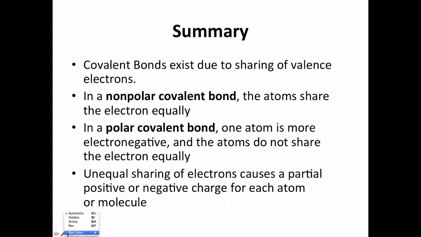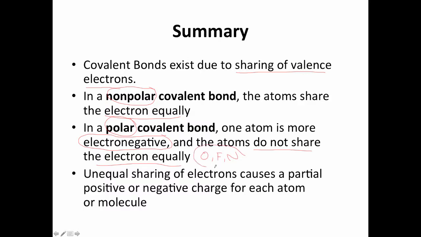All right, let's sum this all up. Covalent bonds exist due to the sharing of valence electrons. In a non-polar covalent bond, they are shared equally. In a polar covalent bond, the electrons are shared unequally. They do not share equally. That is because one of the atoms involved in the bond is strongly electronegative. It hogs electrons. Oxygen, fluorine, and nitrogen are 3 atoms that you need to know as strongly electronegative.